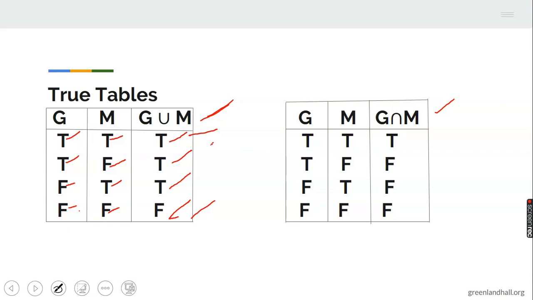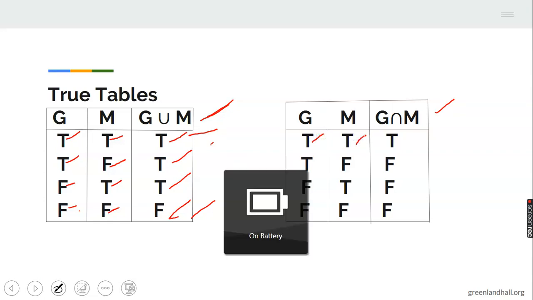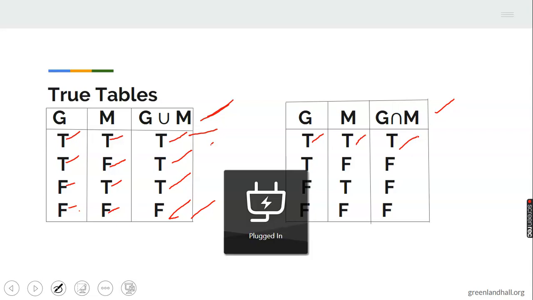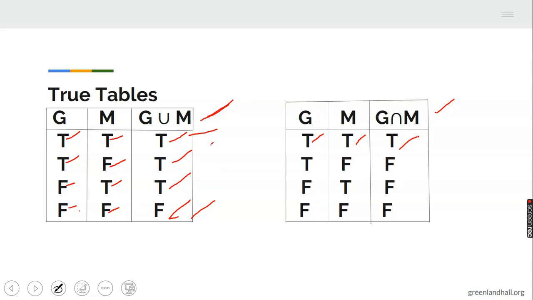But the reverse is the case here. It's only true when both are true to give you true for "and". Otherwise, it's false. That is, when this is true and this is false, the intersection will be false.